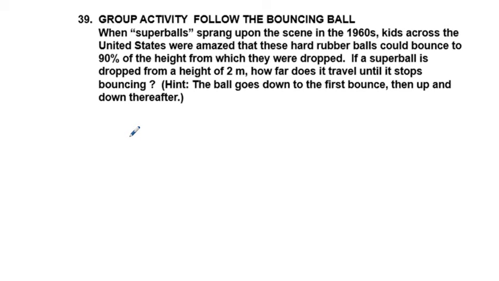How far does it travel until it stops? Well, hint, the ball goes down to the first bounce, then up and down thereafter. What we're going to use is the infinite series. And that infinite series goes like this.